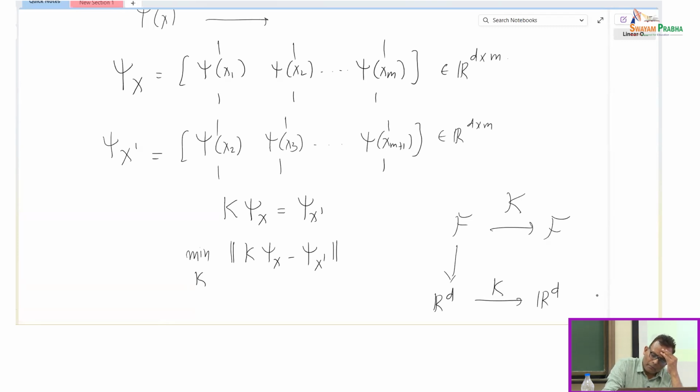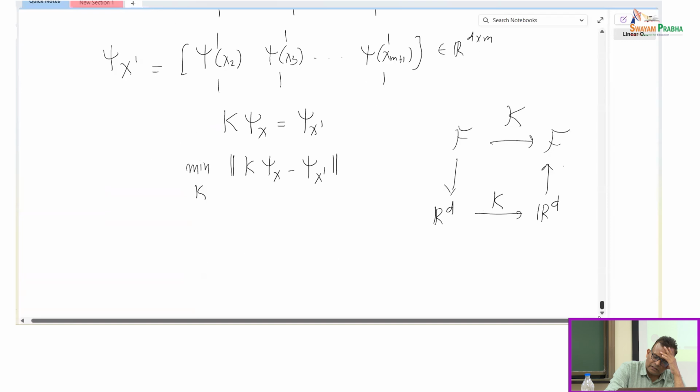And this K is actually propagating the coefficients, not the functions. To get the functions, you have to do a psi transpose of those coefficients. But here, the K that you end up finding is actually a K transpose, because I'm multiplying the functions from the right, whereas there I was multiplying the functions from the left. But that's a minor thing.